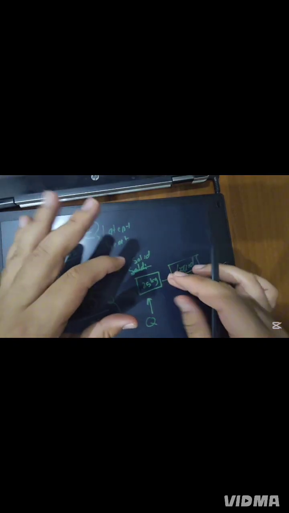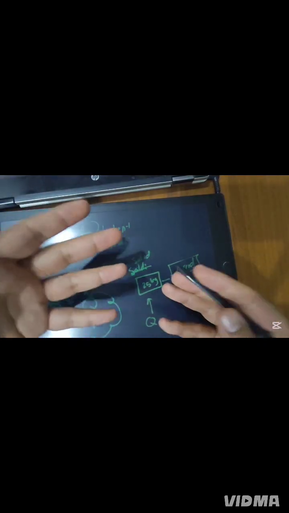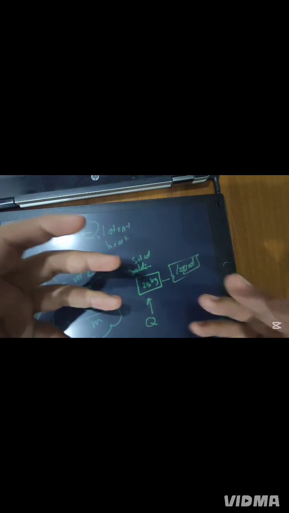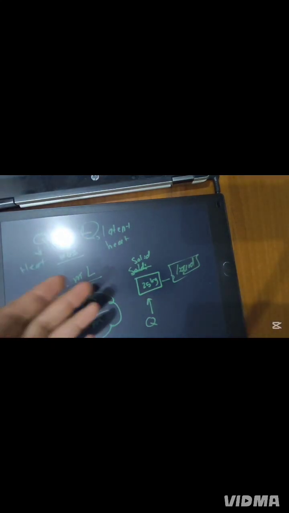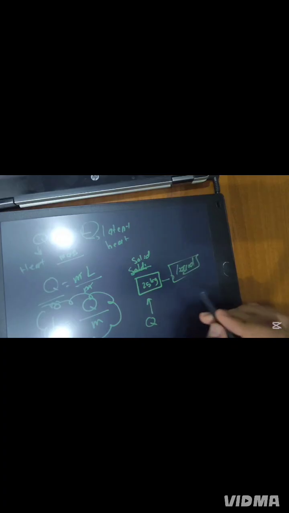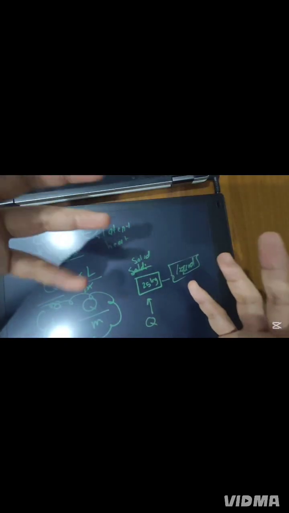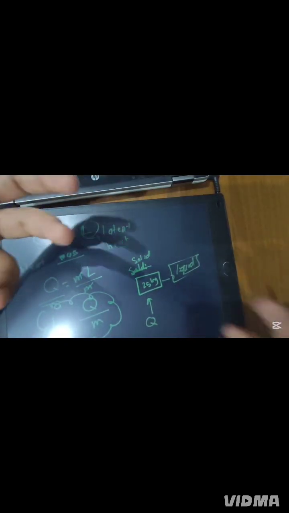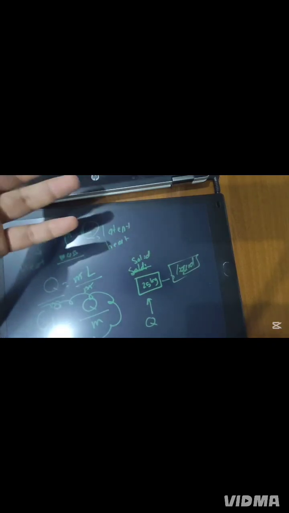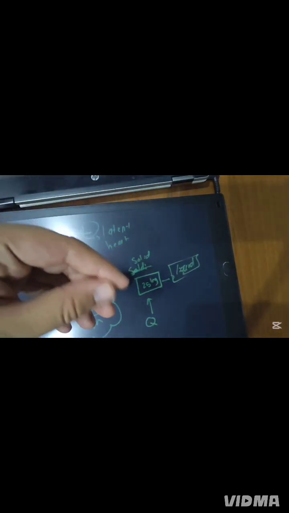We have a container with a mass, and we are giving heat to this mass. After a few seconds, the state of matter changes from solid to liquid during the change of phase.